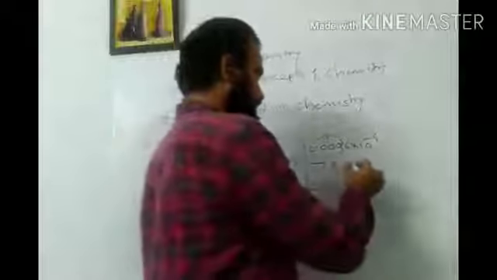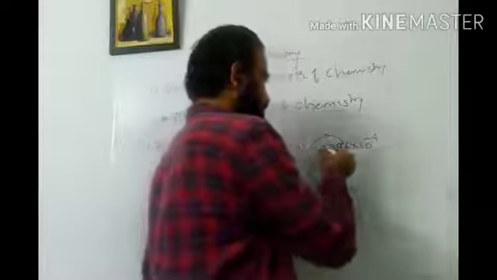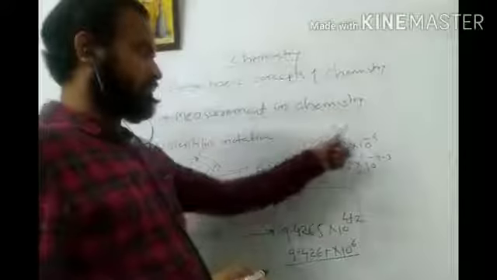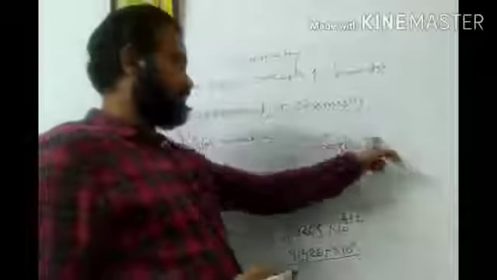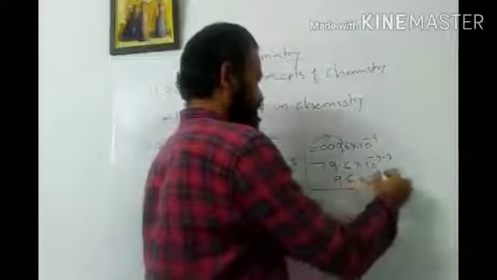So I have to decrease the power, and since minus 4 is already there, then minus 3 more, so I subtract, and it becomes 9.6 into 10 raised to minus 7. So this is the scientific notation we are using.